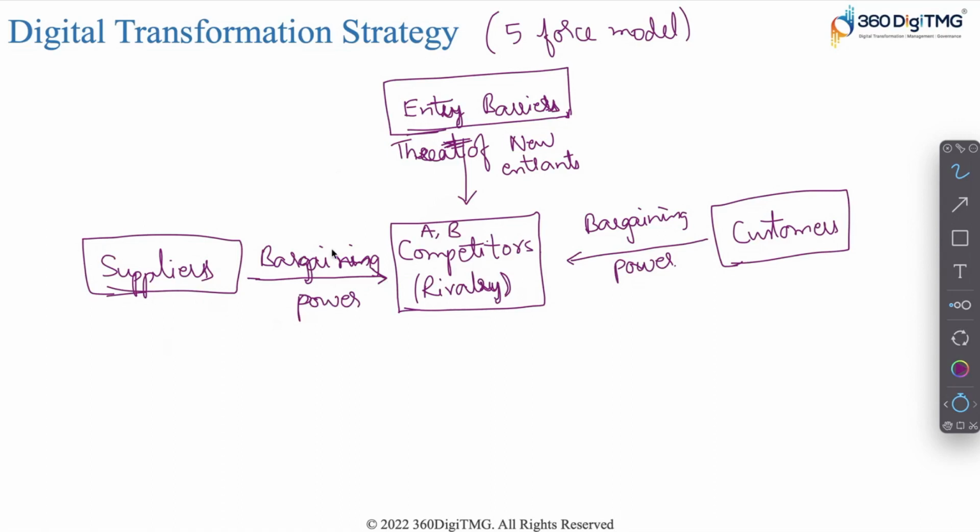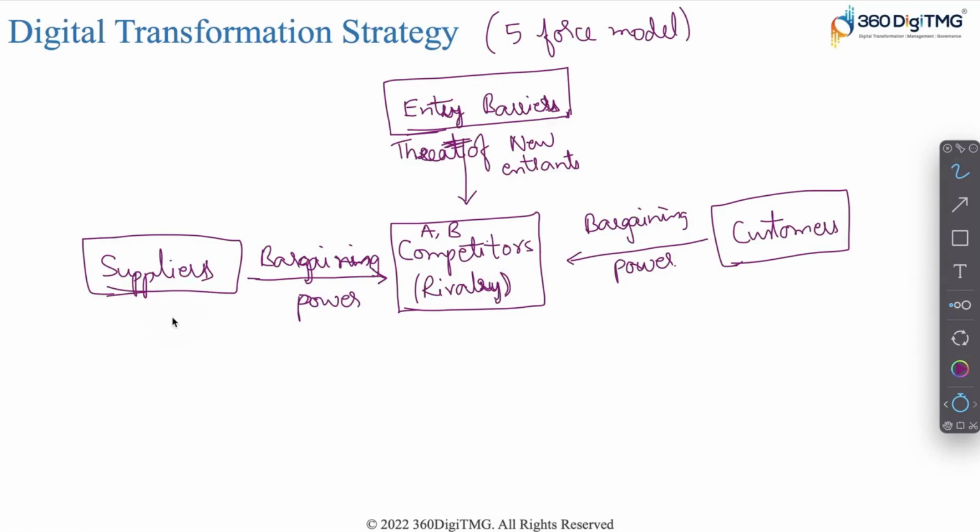And if you're in a space where your suppliers have a monopoly over you, then your digital transformation strategy should be to build the capabilities in the space where suppliers have a monopoly. Because if suppliers have a monopoly, they will charge you more.